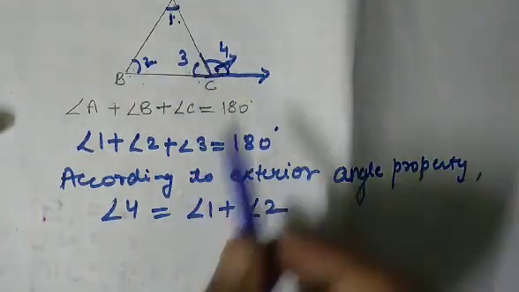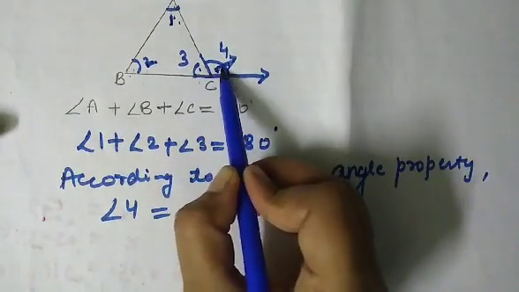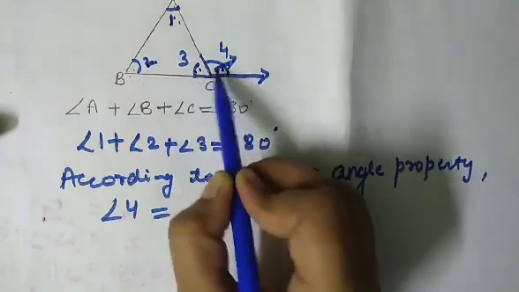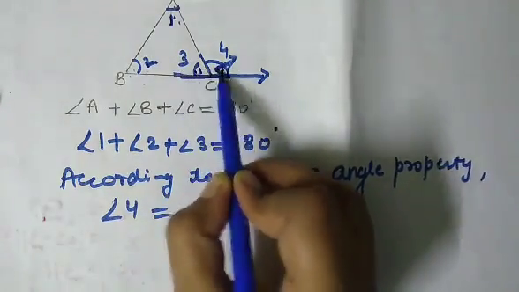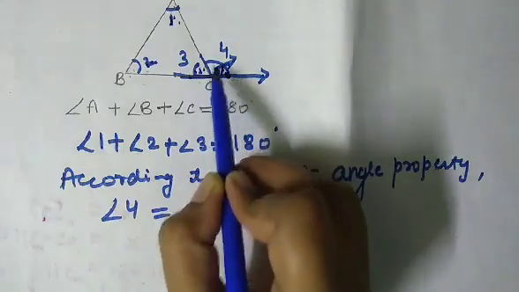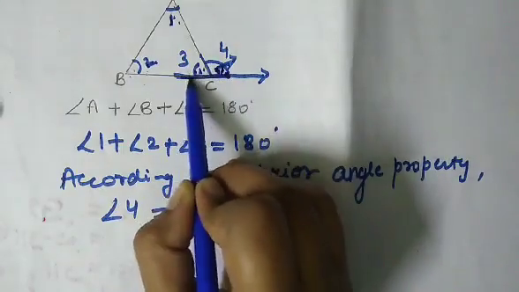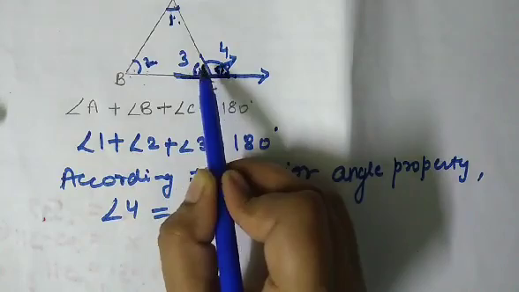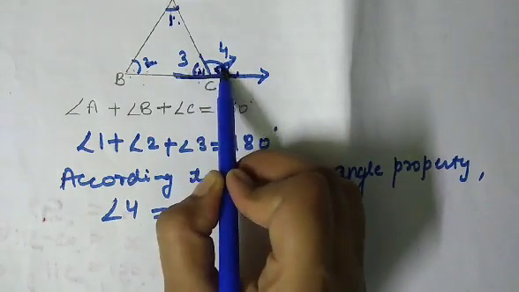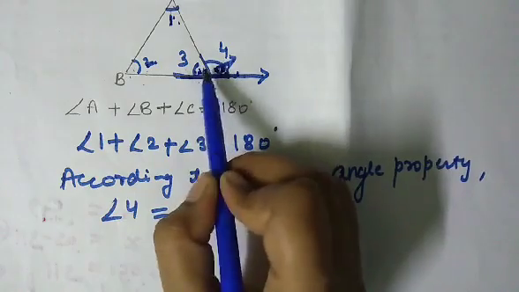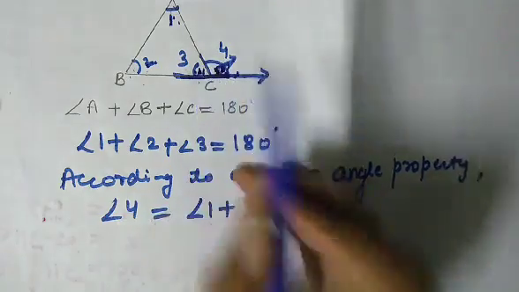Now we know that angle 3 plus 4, the sum of 3 and 4 will be 180. Why it is 180? Because of linear pair. Because these are forming a pair and these are on a straight line. So the sum of angle 3 and 4 is equal to 180.